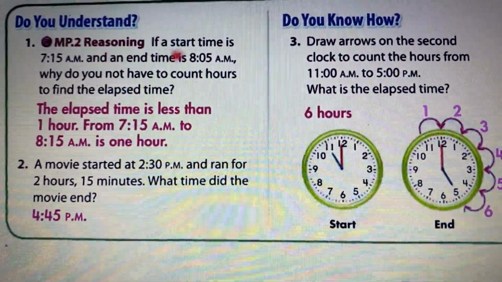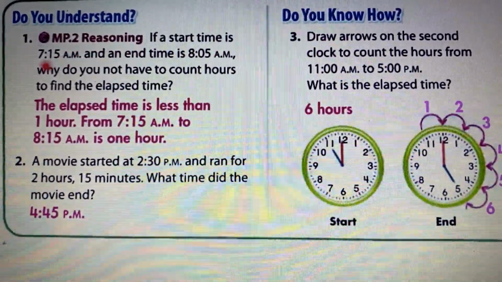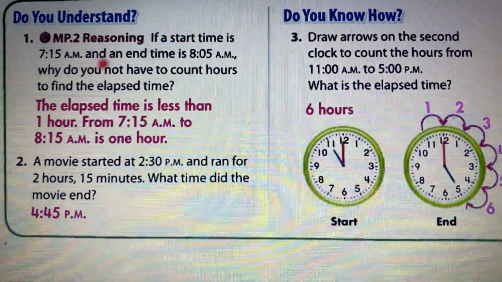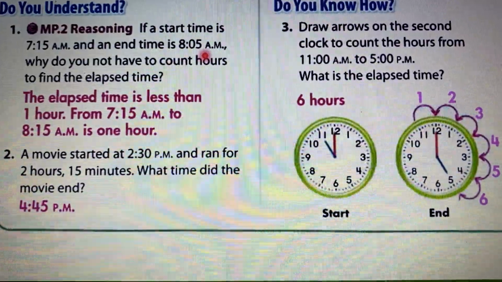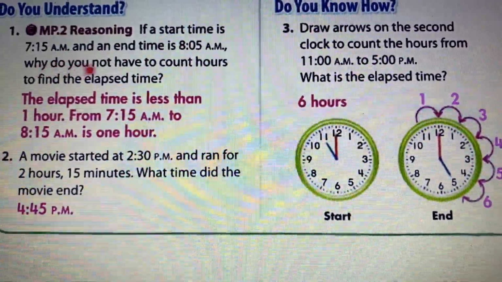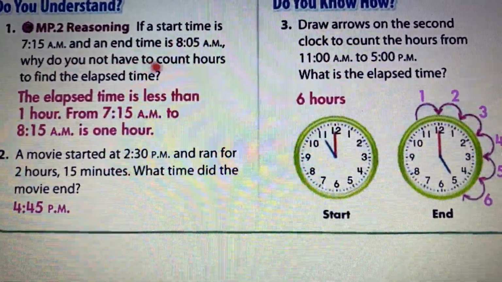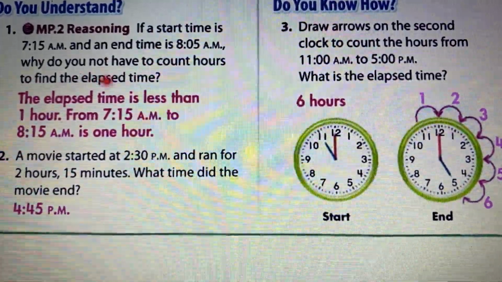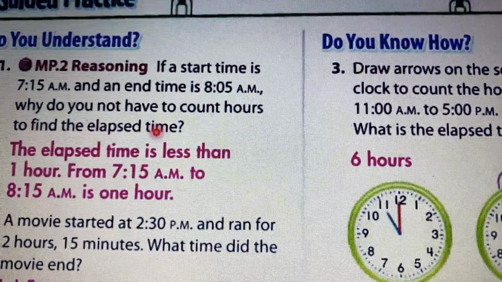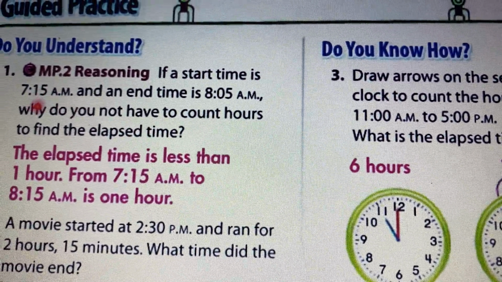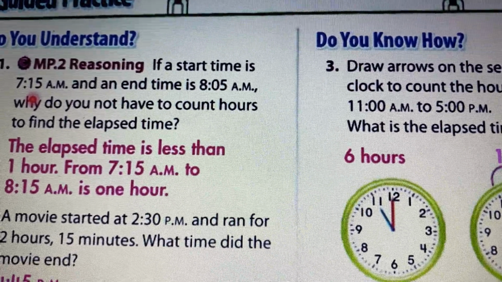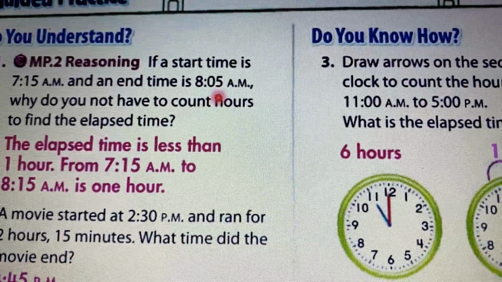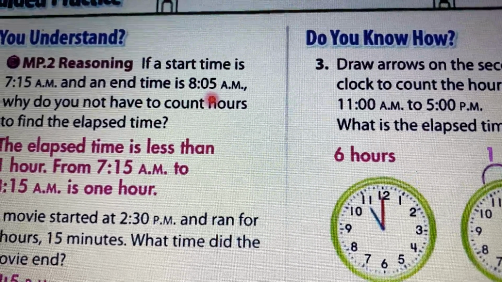Question number 1. If a start time is 7:15 a.m. and an end time is 8:05 a.m., why do you not have to count hours to find elapsed time? Look here. From 7:15 till 8:05, I don't have a complete hour. How will you know?